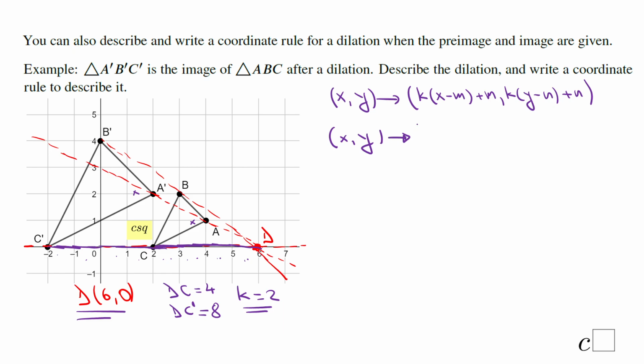So if you remember, K is in fact 2, the scale factor. X minus the center of dilation is 6 and 0, so M is 6.